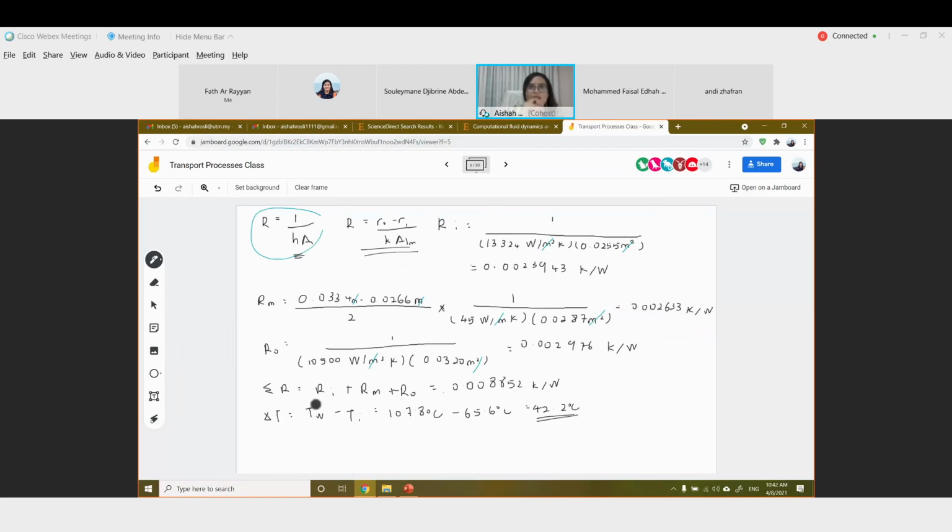This difference in temperature occurs within the tube, because it's from the wall to the water. We are concerned about the temperature of the water, and the water is inside the tube.